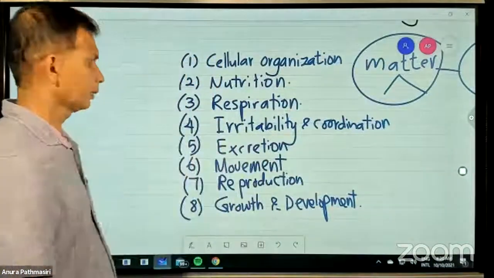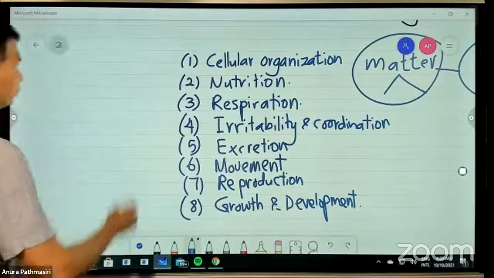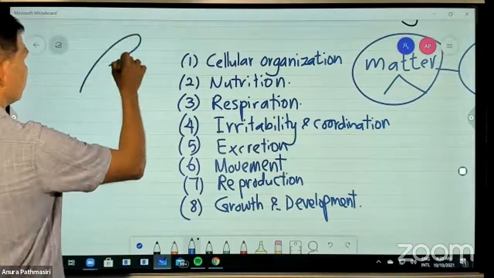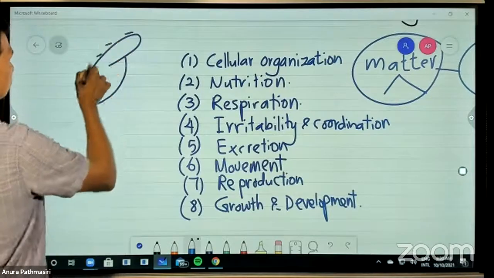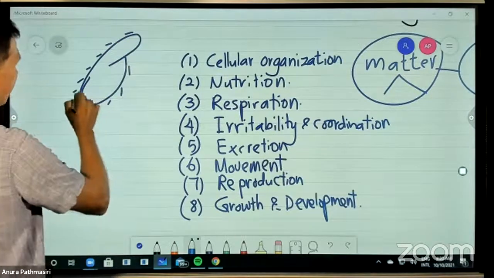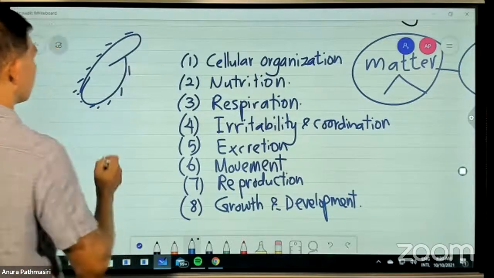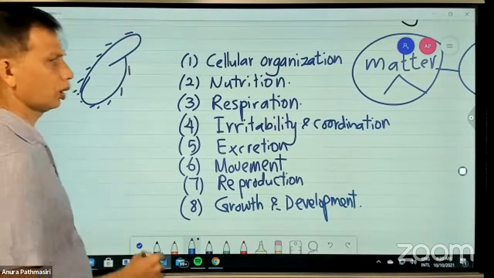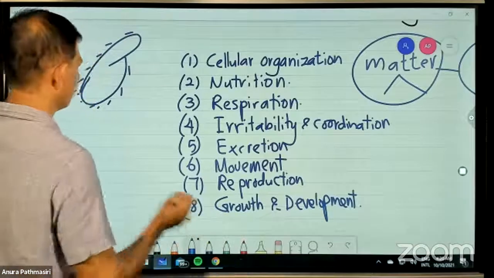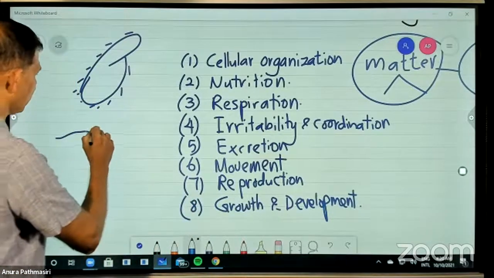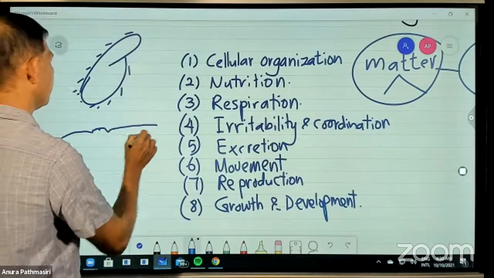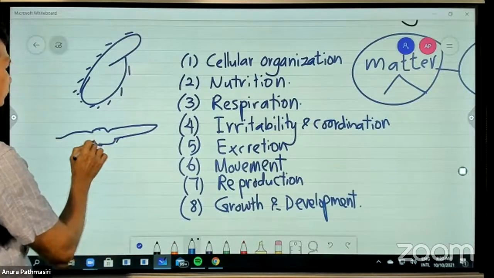It may be paramecium. It may be coral polyps or medusa. It may be annelida. It may be mollusca.